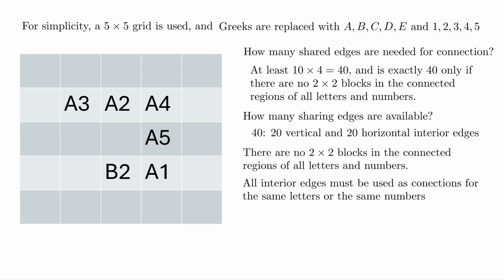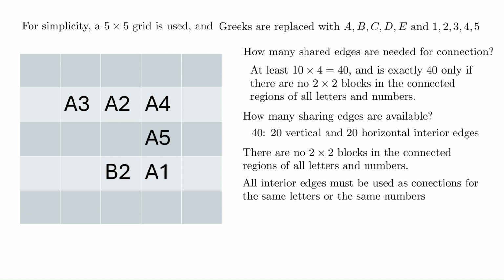For example, can B2 be a neighbor of A1? The answer is no. B and A are different, 2 and 1 are different. The edge in between is not shared by two cells with either a common letter or a common number. And we don't have such luxury of wasting even just one edge.